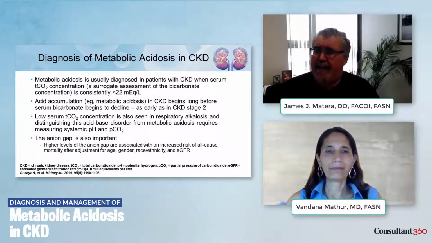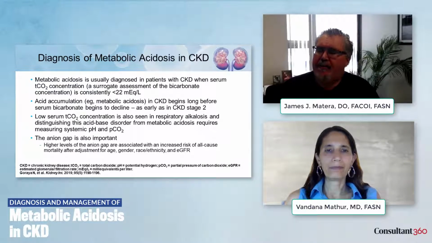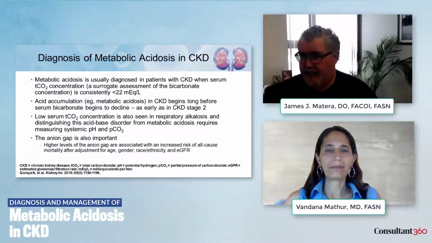You touched on that a little bit, and how the body adapts to the acid loads and acid management. But as early as CKD stage 2, which would be termed a milder form of CKD, some of these processes are already in place, setting the groundwork for the development of a more substantial acidosis.